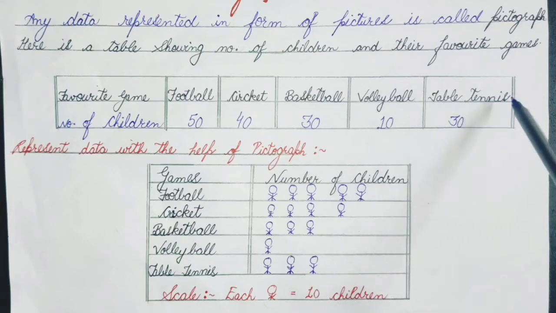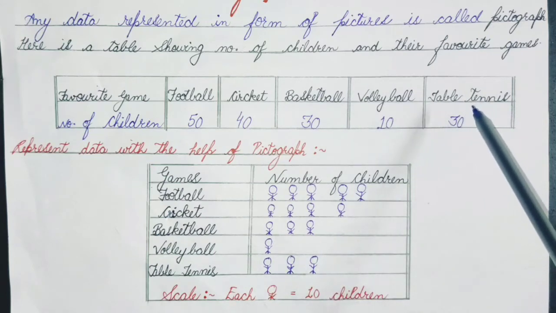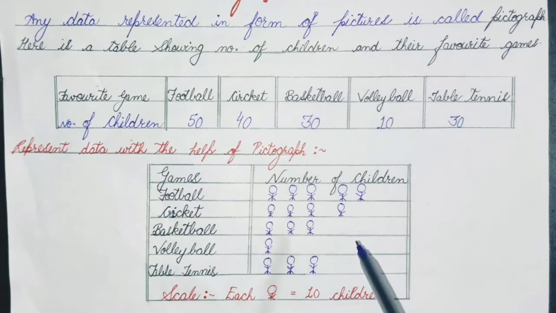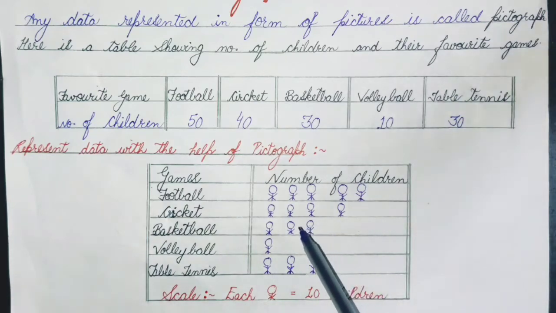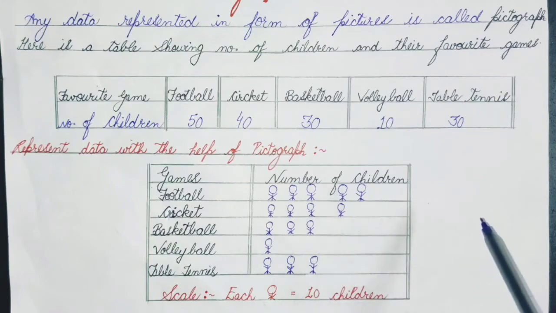And table tennis is liked by 30 children, so I'll make here 3 children which will represent 30 students. Am I clear everyone? This is the easiest way to show our data. Clear everyone? And we can say that the pictograph is the easiest way of representing the data.